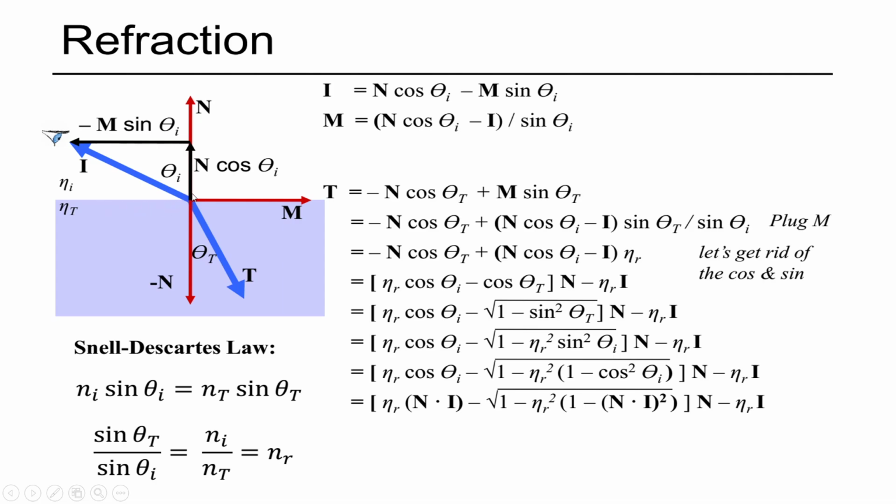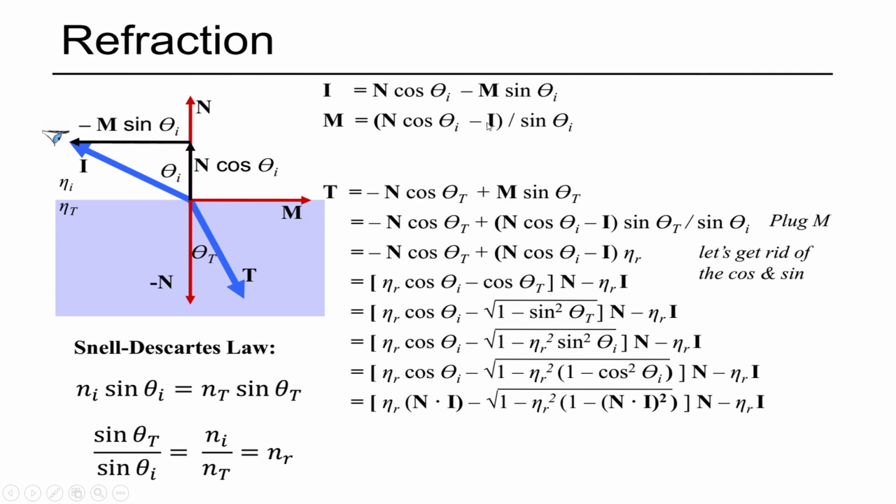So the horizontal component is n cos theta I, and the vertical component is minus m sin theta I. Minus m, why minus m? Because this was supposed to be m. If you define this to be m, this to be n, then this should be minus m. So its component should be minus m times sin theta I. So this is how we got this particular thing.